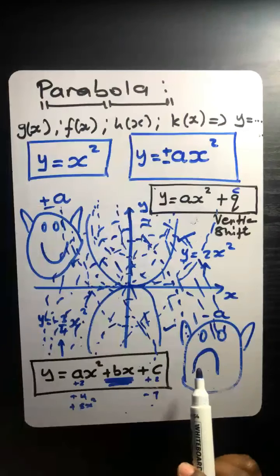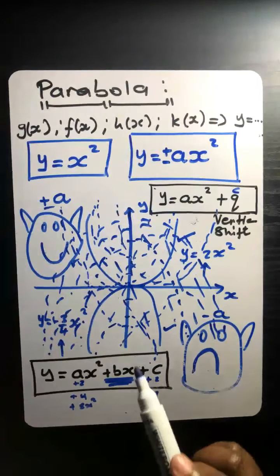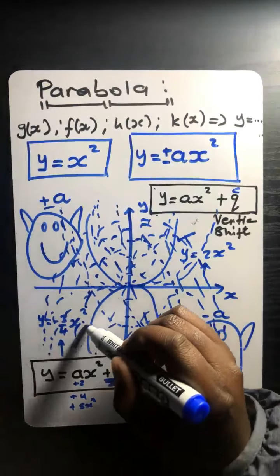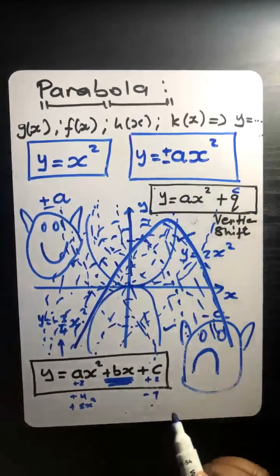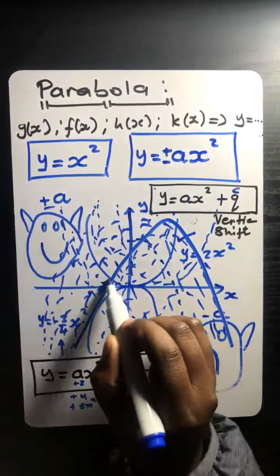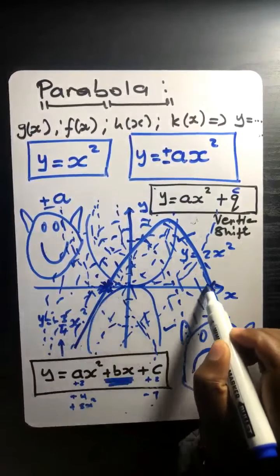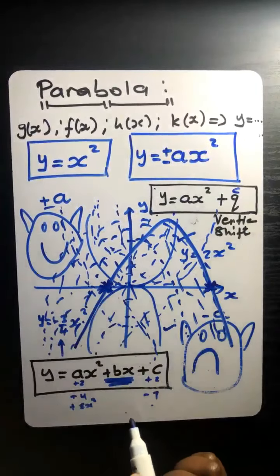And there is something very interesting about a parabola, ladies and gentlemen. A parabola similar to that one has the following. It has the x-intercept, that's where the parabola touches the x-axis.